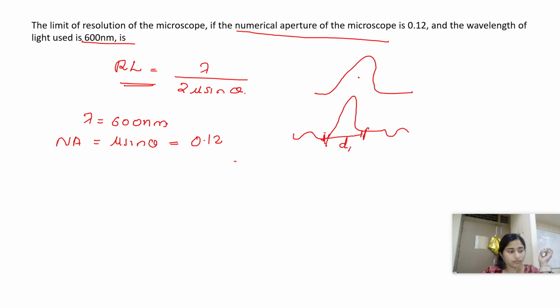We cannot measure it, it is very difficult. That's why that formula is not being used over here. It is very difficult to measure. This is the better one: the distance between two minima or maxima.